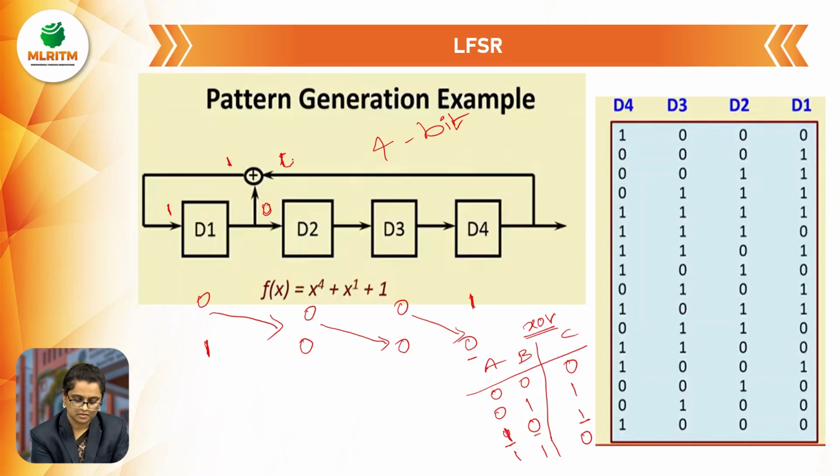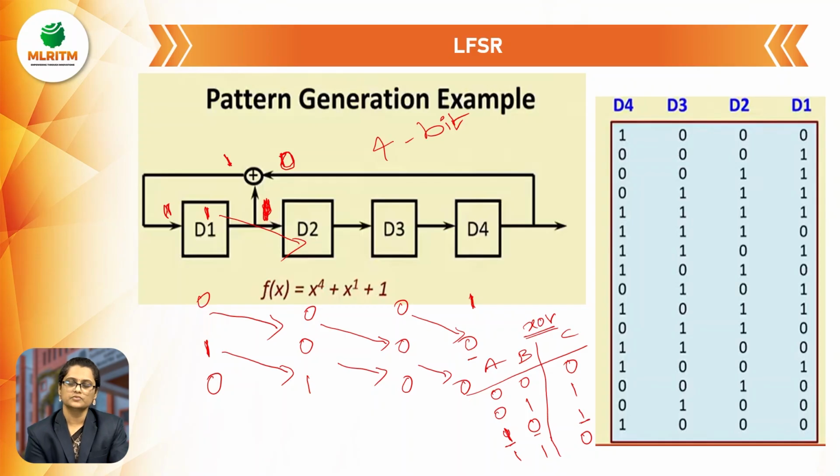Now here the value is 0, and here the value is 1. 1 XOR 0, again the value will be 1. So now the D1 value is 1. The previous 1 is shifted to here. So 1, 0, 0.